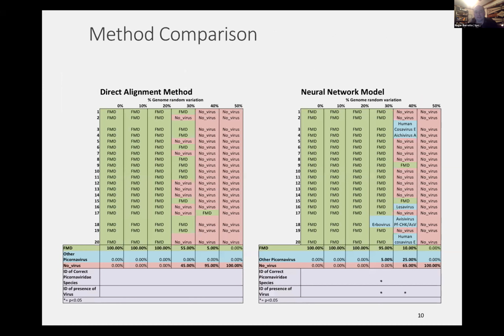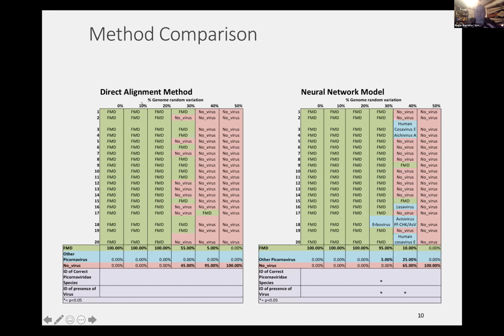And so in order to then compare whether or not the model worked, we ended up using foot and mouth disease virus, because what we wanted to see was how sensitive we are to detect the presence of a virus using this compared to the direct alignment method. And so in this figure, just for reference, we did 20 replicates over increasing amounts of genome variation.